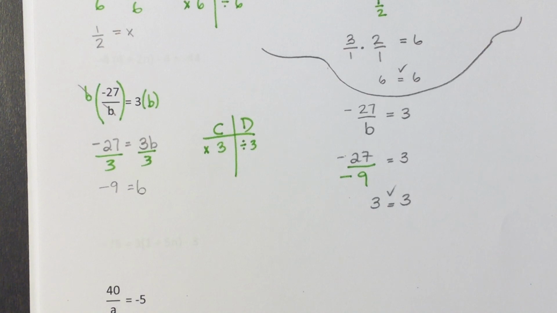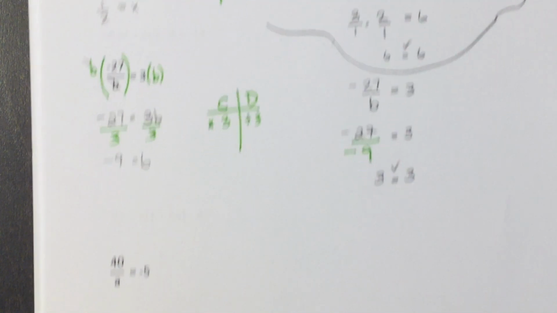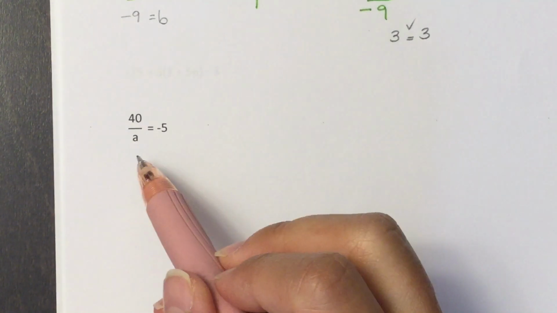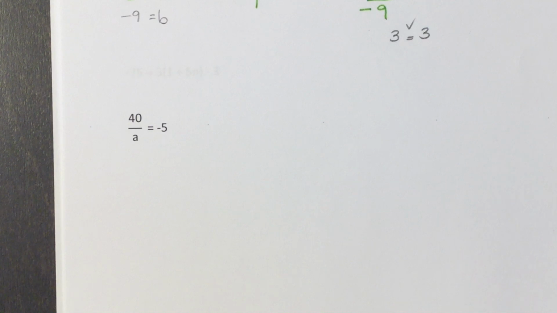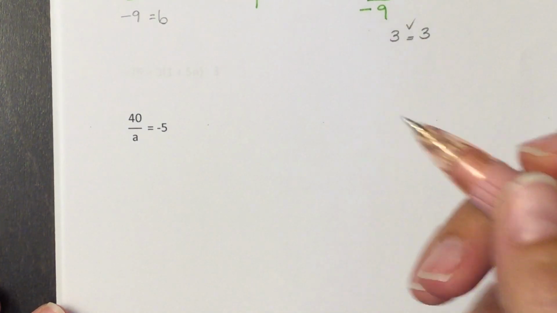Okay. Next up, try the next one. 40 divided by a equals -5. What do you get when you solve for a?